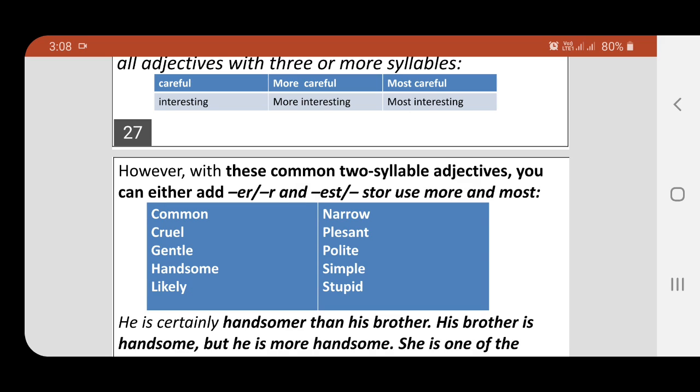We have some other adjectives: narrow, pleasant, polite, simple, stupid. These can also be modified by adding er. Narrower. The street is narrower here. The street is narrower than the other streets.